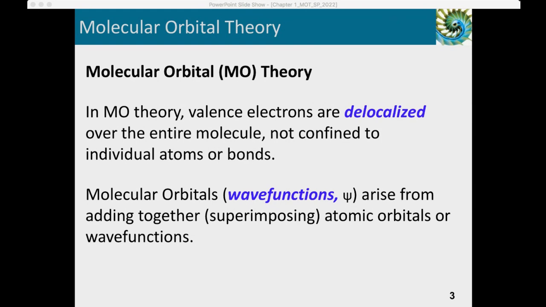Now in molecular orbital theory, we are giving a different perspective to bonding, okay? So it's a different theory. Why is that? Because valence bond theory is great for most molecules, but there is a small group of molecules whose electronic structures cannot be explained based on valence bond theory.